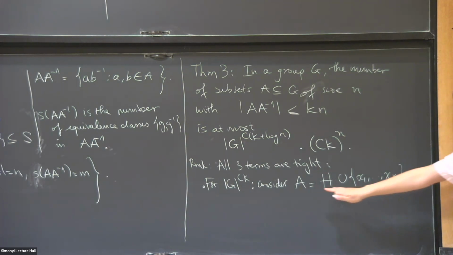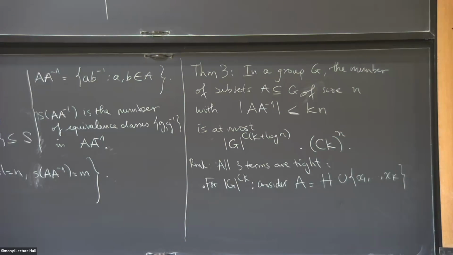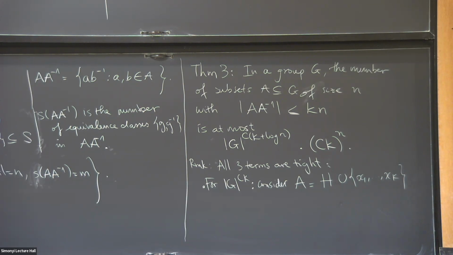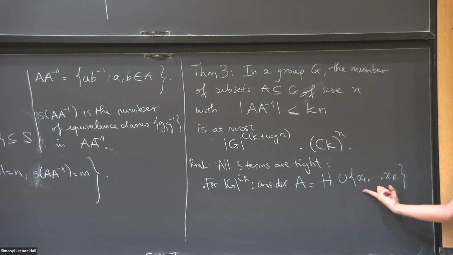If we take A to be such a set, it is easy to check that the doubling, the product set A times A inverse, is going to have size at most k times the size of A. So the size of the subgroup is about n. And furthermore, the number of such sets A is clearly at least big N to the k. These are just some k generic elements of the group.